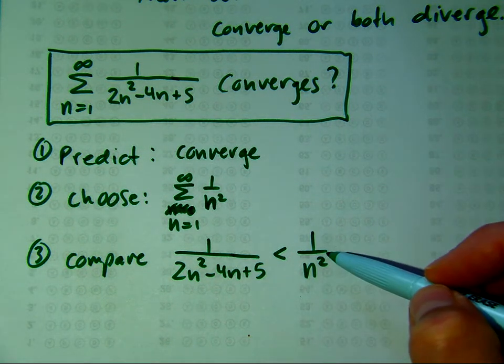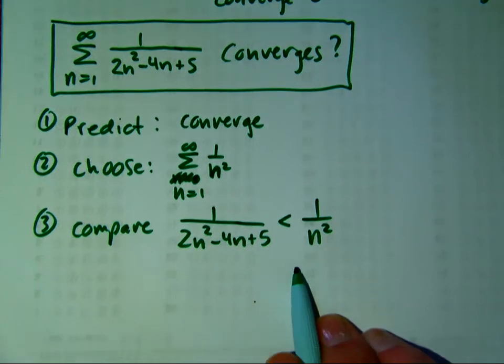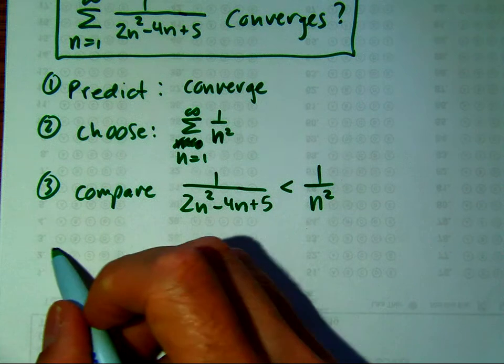So that's going to be hard to do. Instead of doing that, why don't we do the limit comparison test?